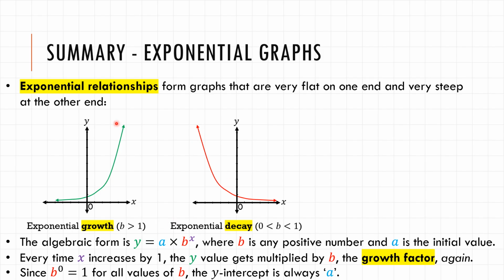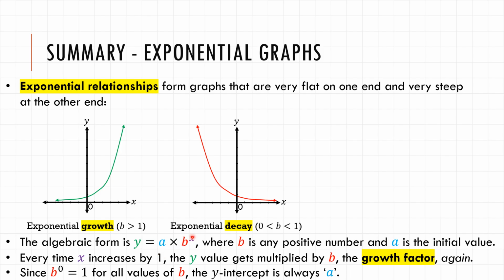And the final part that you need to know about exponential graphs so far is that no matter what this base is, remember that anything to the power of 0 is equal to 1. It doesn't matter what the base is, if it's a small number, a big number, b to the power of 0 is equal to 1.